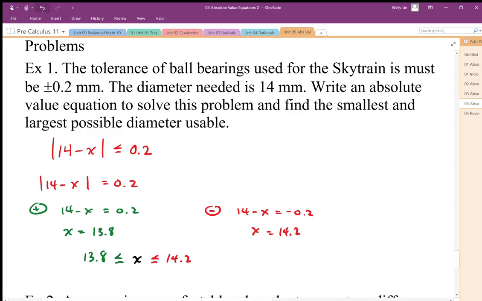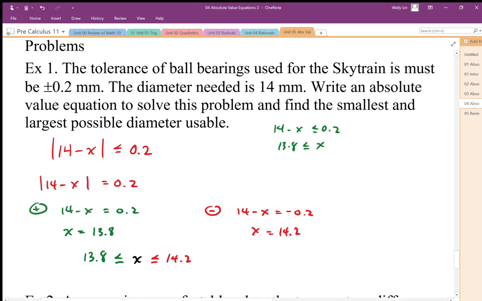Okay, so it would look like this. I'll do it alternatively here. 14 minus x is going to be less than or equal to 0.2. When I solve for x, I get 14.2, 13.8 here, and x on this side. So that's how I get that.